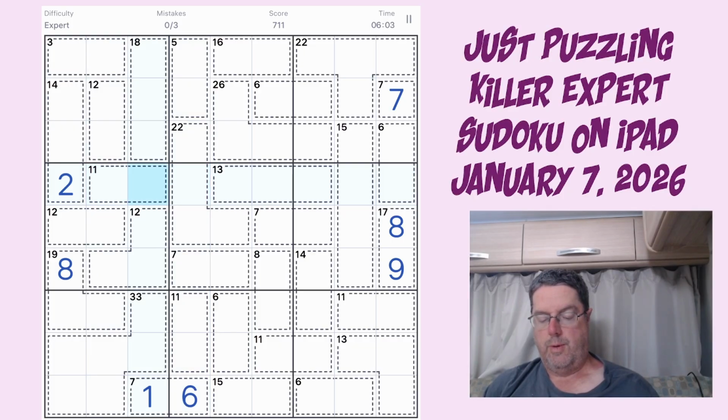So this is 4 and 7, so 9. 1 can be here. Actually, I'm running out of spots for 1. 1 can't be here, 1 can't be here, 1 can't be here, so that's a 1 there. 1 can't be here, so this is a 1 here, leaving this to be a 2, and I've known that for a long time. Like a 2 comes down here, so 8 and 2 are in there.